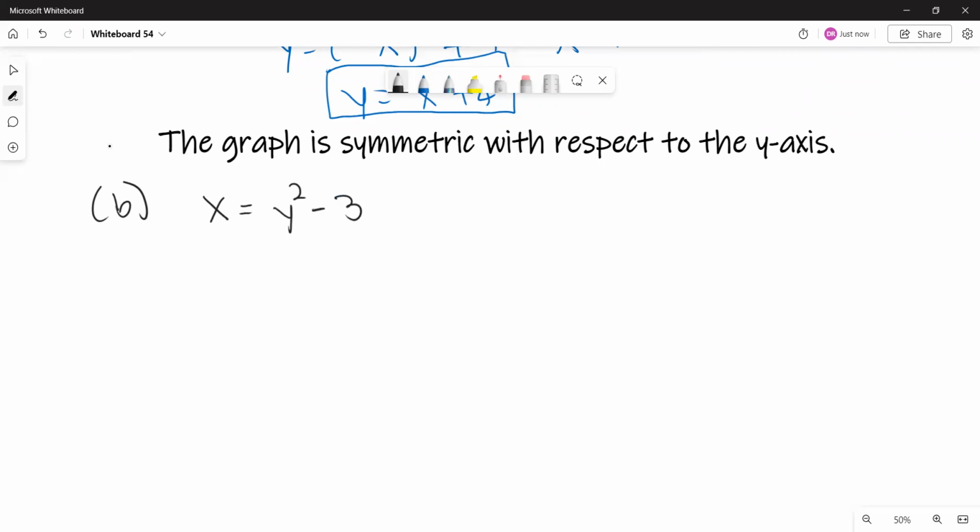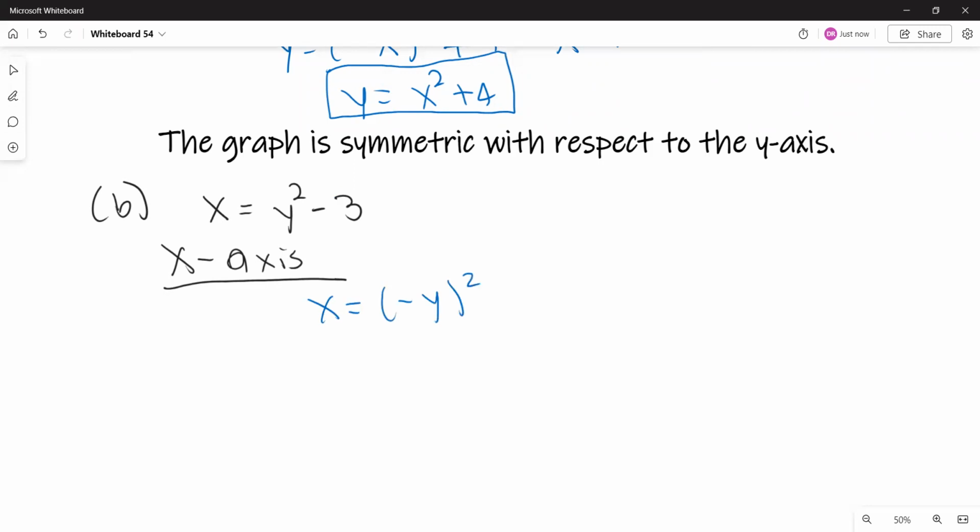Okay, so we're going to test for symmetry. Let's start with the x-axis. We are going to replace y with -y. But -y raised to the second power is going to be y squared.